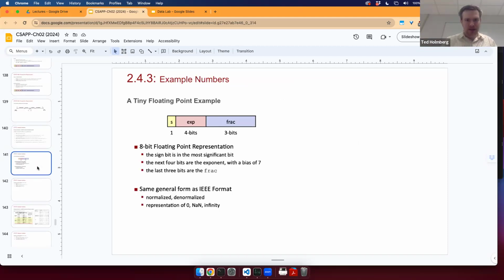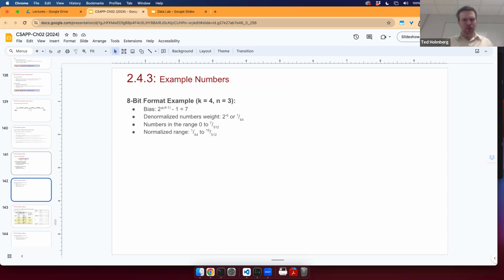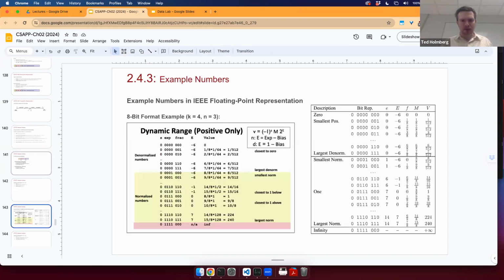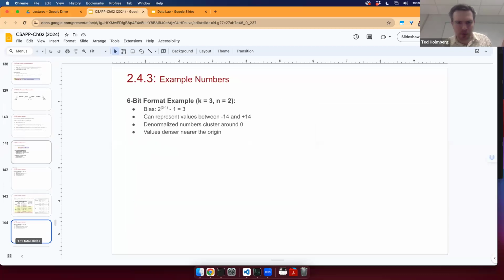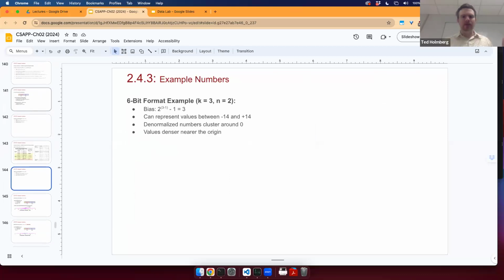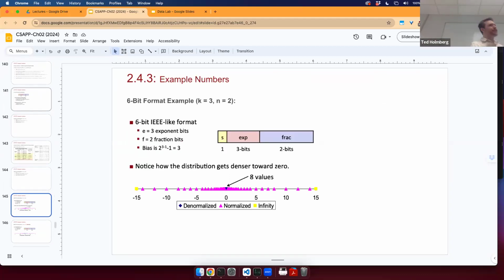Okay, let's see here. We have an example, but let me show you something first. We'll walk through this example in a moment, but I did want to show you some examples while it's on. I was looking for the first visualization to really highlight this. Imagine if we tried to do a number line of a 6-bit representation.